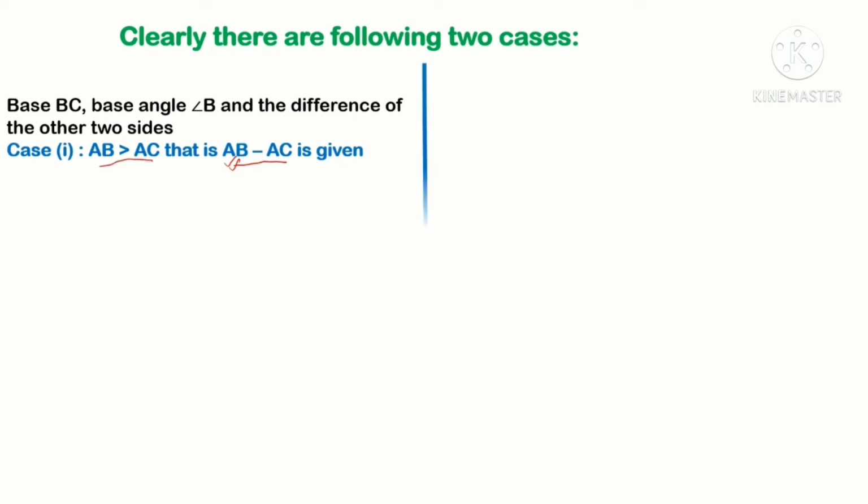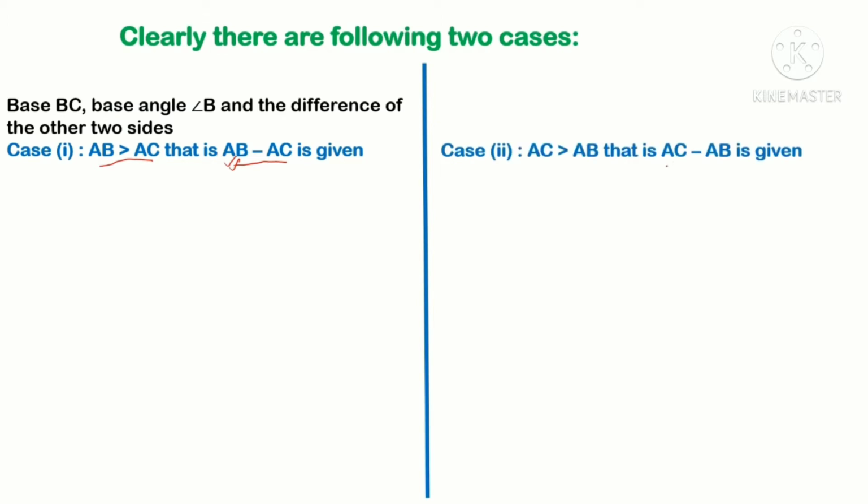The second case is when in the question it is given AC minus AB, then it means that the side which is coming before the minus sign is greater, that is AC is greater than AB. So let's discuss the first case first, that is when AB minus AC is given.